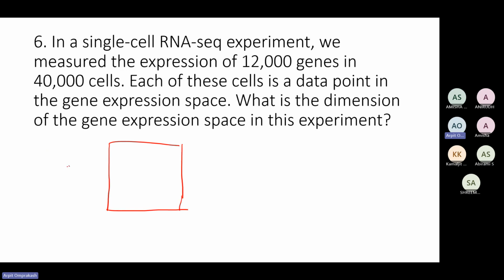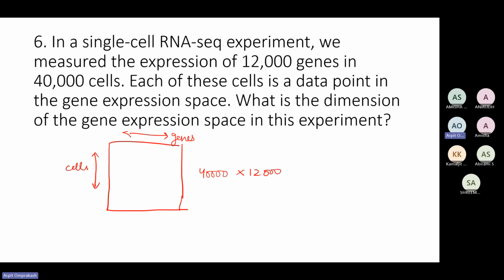We'll have cells here, which are our samples, so this will be 40,000 rows. And we'll have genes here, which will be our variables, so 12,000 genes. So our dimensions would be 40,000 by 12,000.